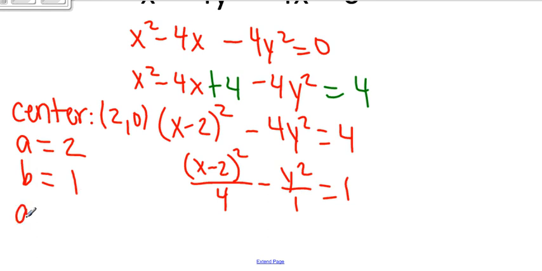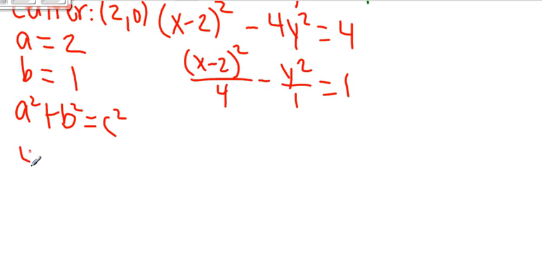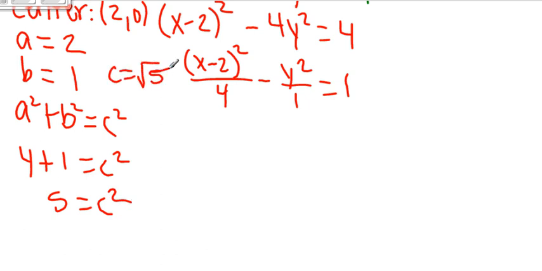So it would be a squared plus b squared equals c squared in order to find the c. So let's go ahead and do that just so we can see what happens. So we would have 4 plus 1 equals c squared, or 5 equals c squared. So our c would be the square root of 5 if we were looking for that part for the foci.